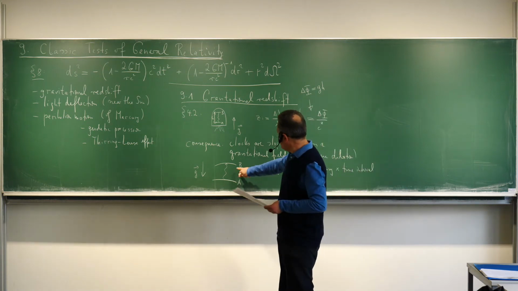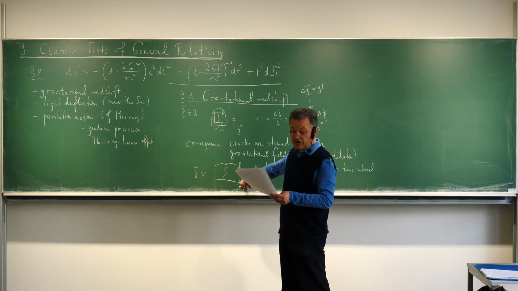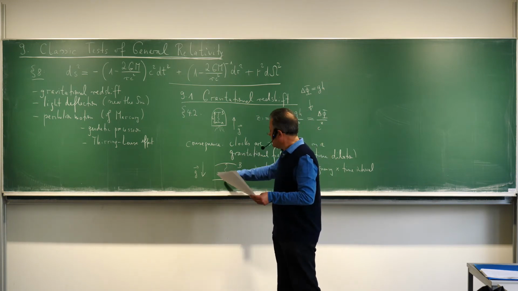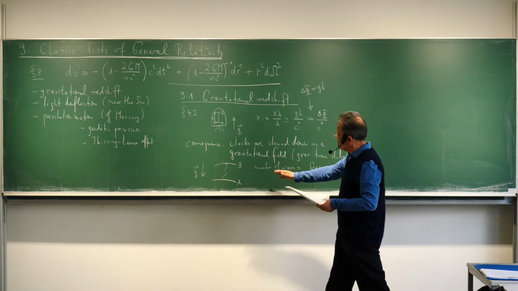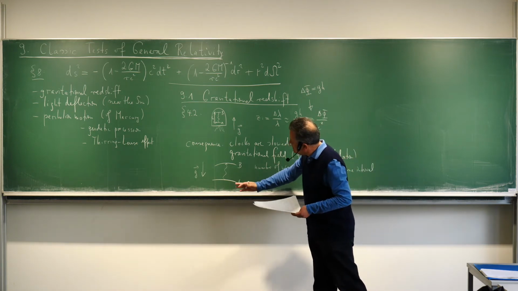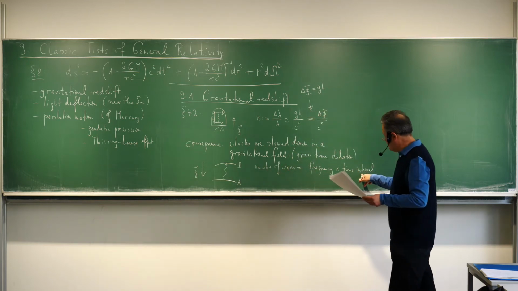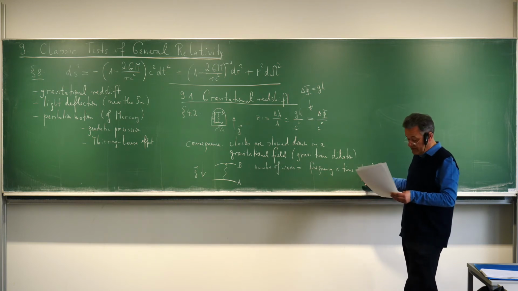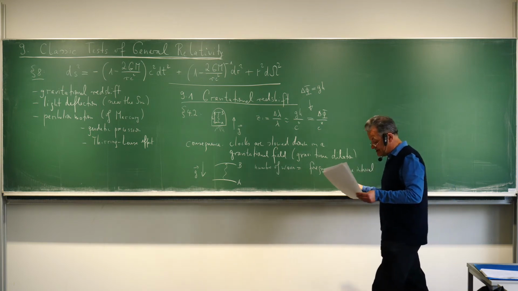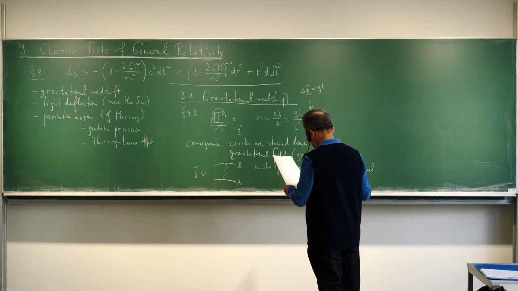So the frequency we have seen here in B is smaller than in A. That's the gravitational redshift. But if we have a constant number of waves, 10 emitted and 10 received, say, for example, then of course this time interval in B must be greater than in A, which means that the clock in B runs faster.